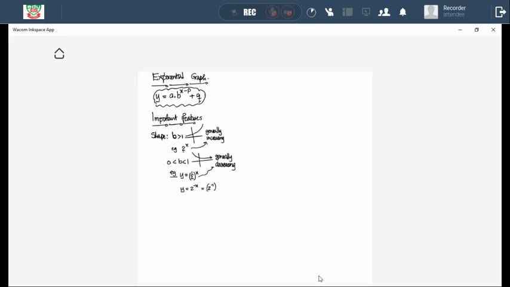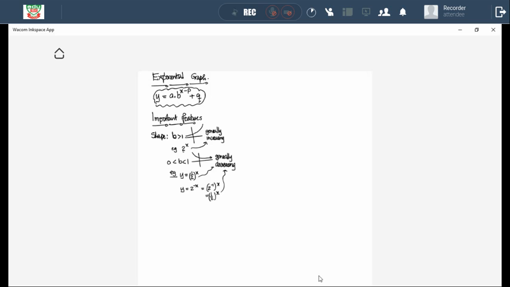So I'm trying to show you that 2 to the power of -x and a half to the power of x are the same, and they will both be generally decreasing.